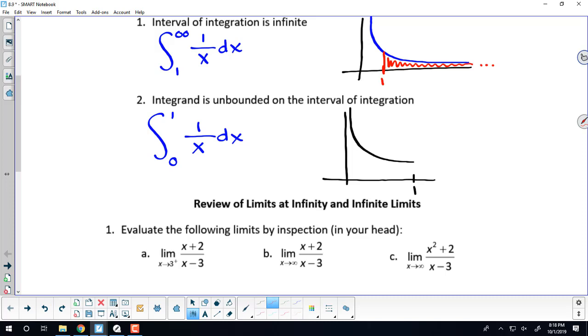Okay. So something like that. What is this area? So it turns out that some of these are, as we would expect, infinite, but maybe as you wouldn't expect, some of those things are actually finite.